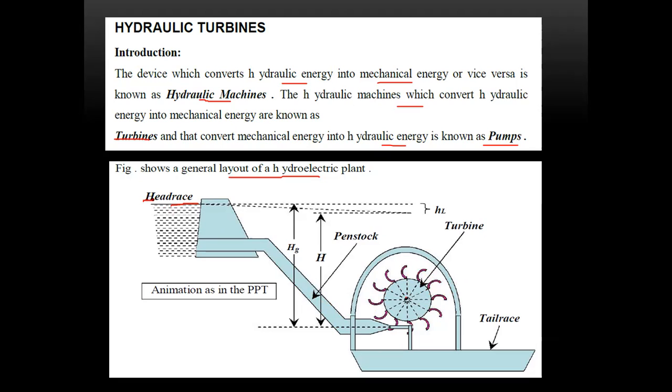This is the head race. This is the turbine. This is the tail race. This is the penstock. This one is the casing of the turbine. This one is the head. This one is the height of the head race. This one is the total height of the head race.